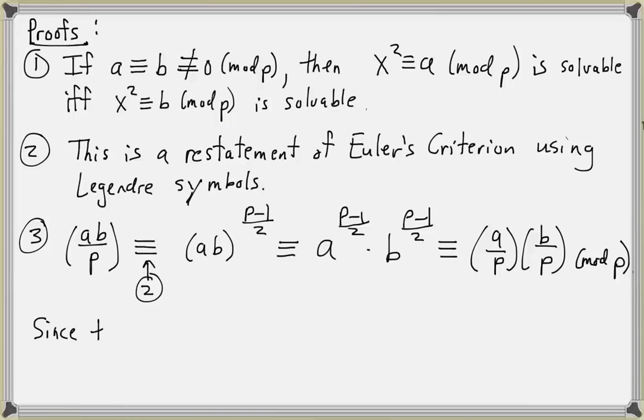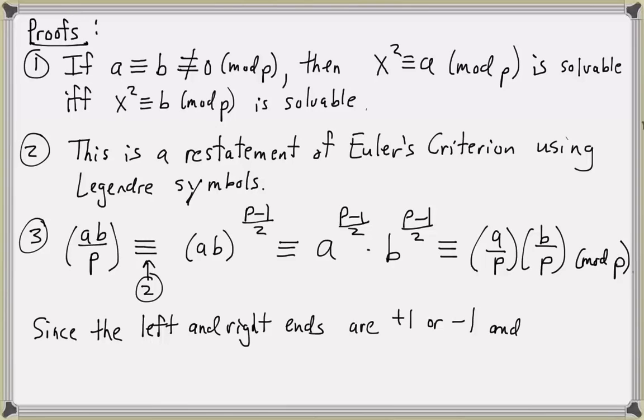So since the left end and the right end are plus 1 or minus 1, and they are congruent mod the odd prime p, they must be equal.